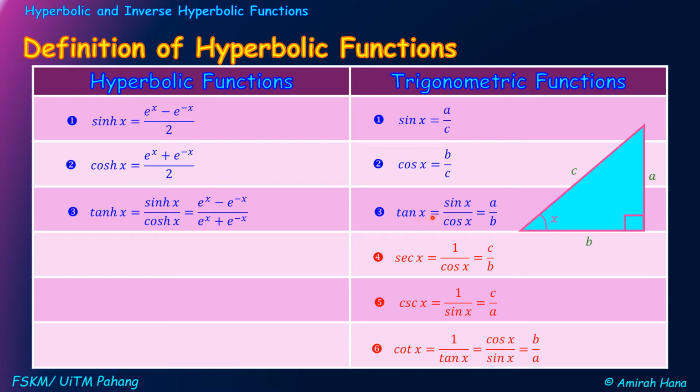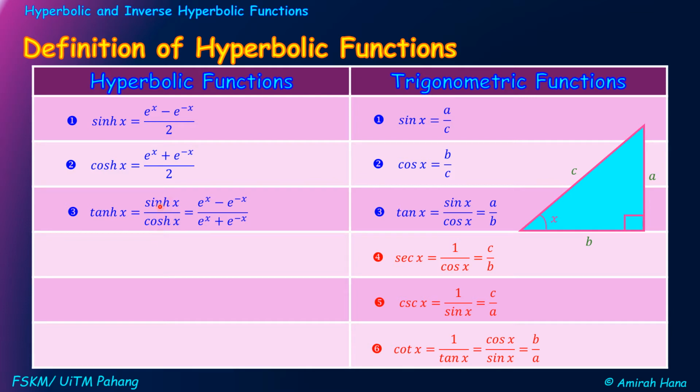Under trigonometric function, our tangent x equals sin x over cos x. But under hyperbolic function, we have tanh x equals sinh x over cosh x. It looks similar, but if we have h here, we must use h also on the right hand side.